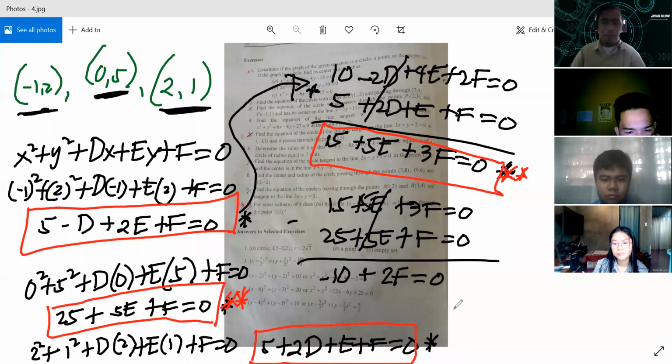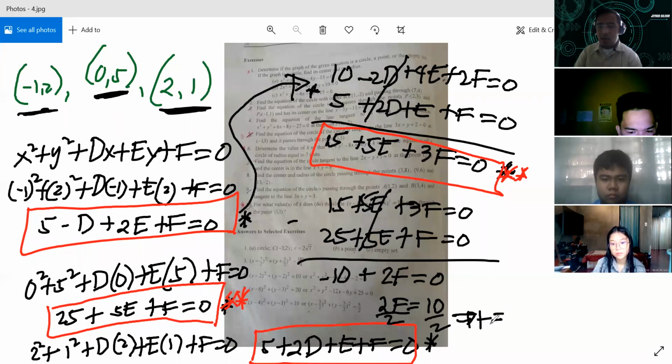Then after that, you transfer 10 to the other side. So it will be 2f equal to positive 10. From negative, it becomes positive. Then you divide both sides by 2. So it is obvious that your f is already equal to 5. Clear? So you already have your f.